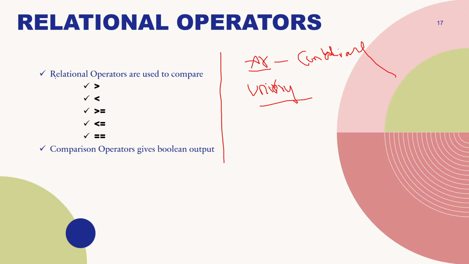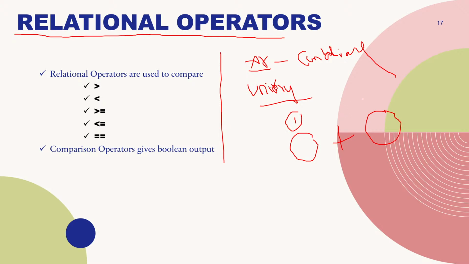Now let's move on to further topics. In binary operators, there is a topic called relational operators, guys. What is meant by binary operators, guys? Binary means the operator will work with two inputs. For performing an action, we need two inputs, right?